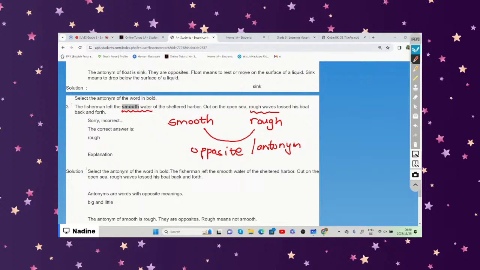If we are not talking about the fisherman and being on sea, smooth is like a calming of the sea. Whereas rough, the waves are crashing, it's tossing the boat back and forth, right?